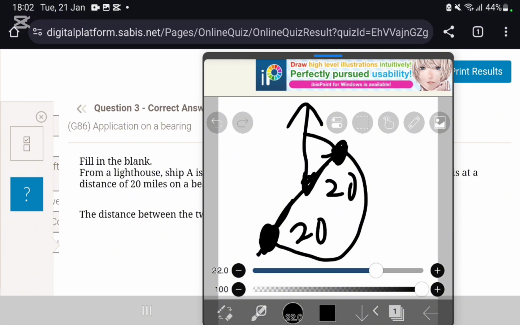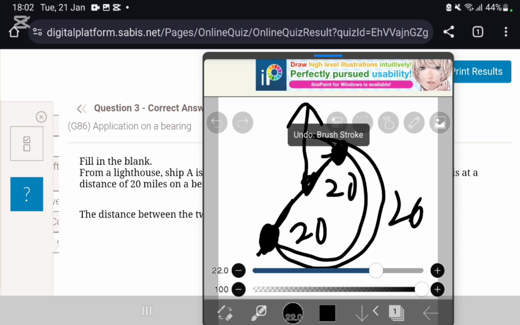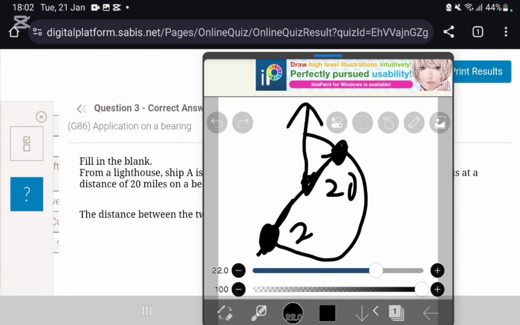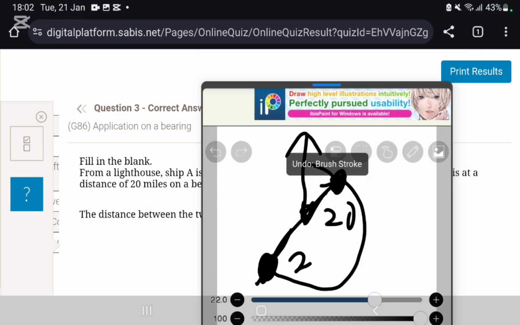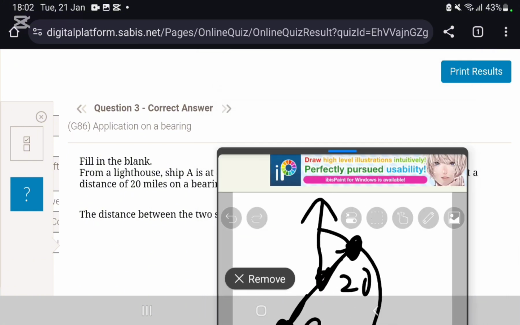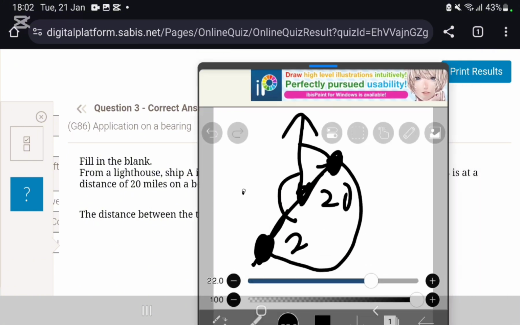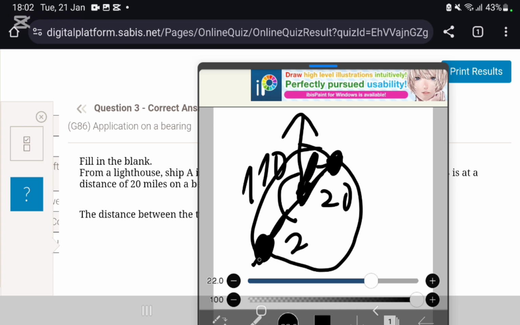Also, this is 20, and this whole thing is 260. So now we know that the whole thing is 260. This part is 130. And if that part is 130, then this part is 110, because we know that this is 20, and the whole of this part is 130.